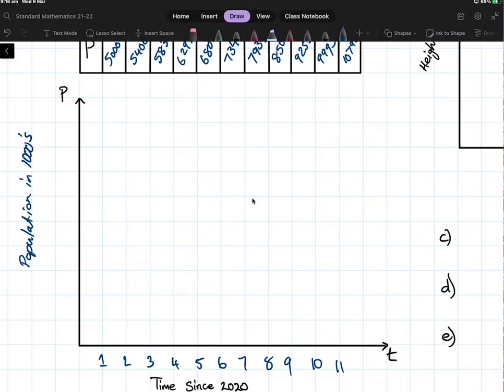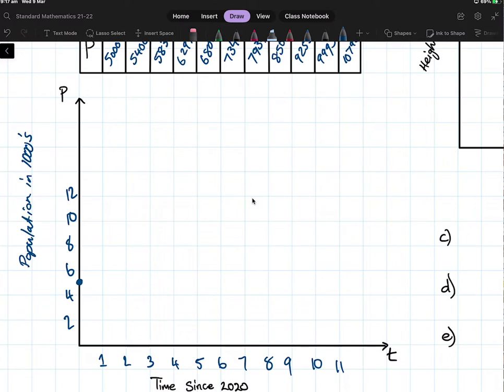Let's go 2, 4, 6, 8, 10, 12. Oh, I've made my axis too big, but anyway, 5,000 is going to be about there.